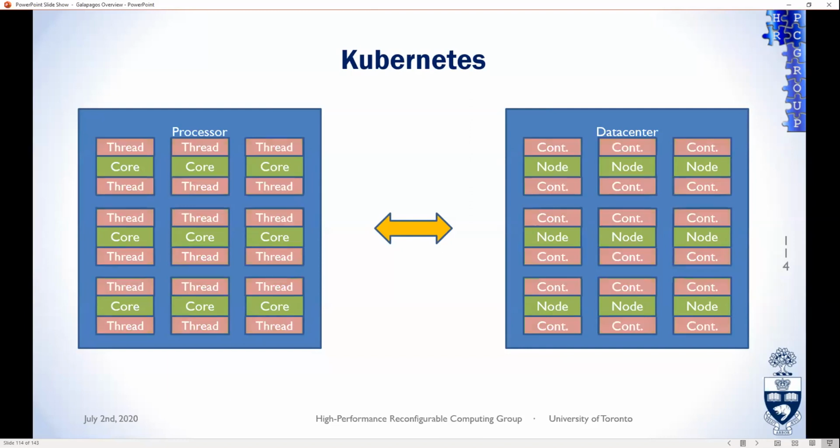And in the same manner that cores will be able to run software threads, the nodes in the data center are also running containers. And in the same manner that we have an operating system to manage and schedule all those threads in the processor, we also have Kubernetes in the data center to manage and schedule all those containers together. Of course, they are marginally different in the way they do scheduling. They are not the same, but that's the general idea.